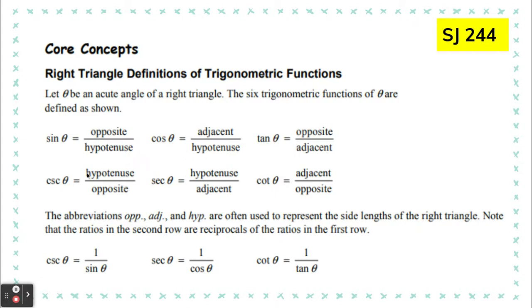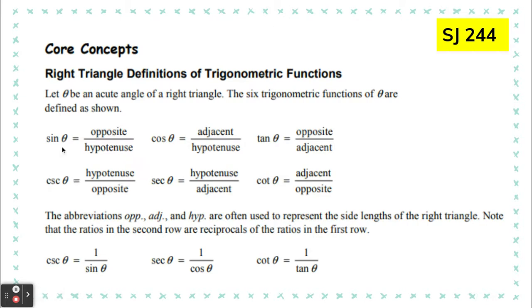Here are 3 other trig functions. This is cosecant, secant, and cotangent. The relationship of these, if you can see, they're just reciprocals. Sine and cosecant are reciprocals of each other.